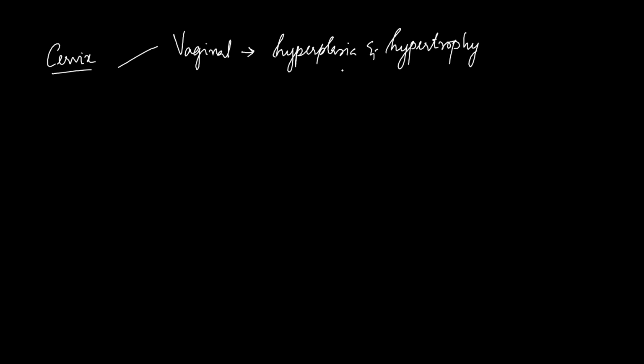And these lead to the vaginal part becoming bulky and congested. In addition, there can be infection, and if infection is there, it will lead to purulent or blood-stained discharge from ulceration. So that is basically what happens in the vaginal part.